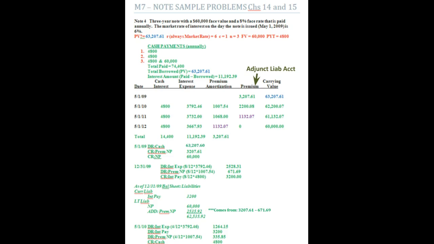You have the interest payable that you're paying off, and then you're lowering the premium account by the final 4/12, which is $1,007.54, and then you're making your cash payment of $4,800. So that's your payment on 5/1/10, and that's your premium note.